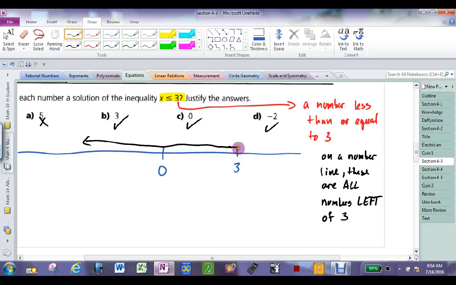How do I show that I include 3? I circle it and I color it in. That includes that point, because there's an equal sign. So 3 is allowed. If I didn't have that colored, would 3 count? No. Would 2.99999 count? Yes. Great.